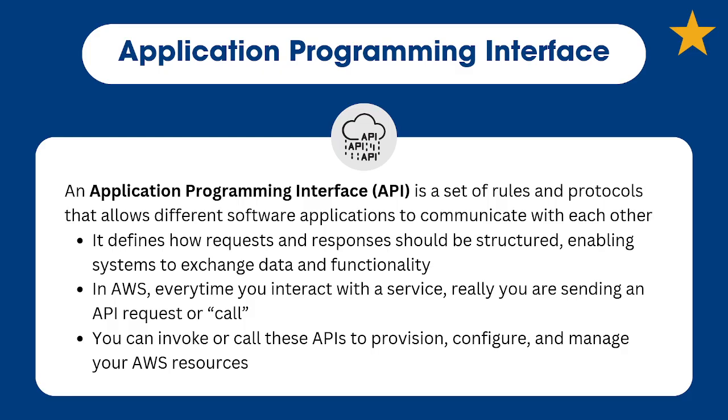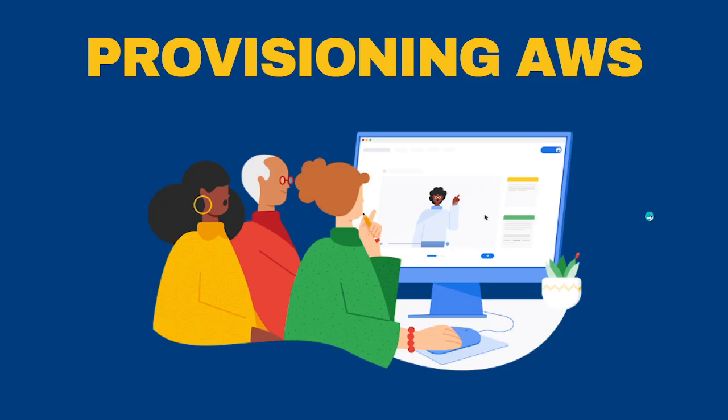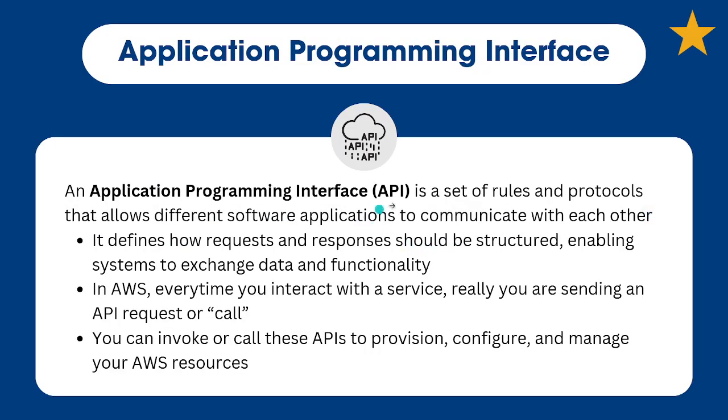So you're actually using APIs to communicate. APIs are like a radio system or a phone system for software to talk to each other. So you can invoke or call these APIs to provision, configure, and manage your AWS resources. So that's what we mean by provisioning. How do you actually get resources, how do you actually set them up, configure, launch them? You're actually doing that under the hood with APIs.